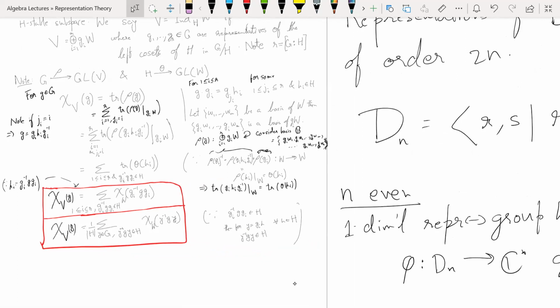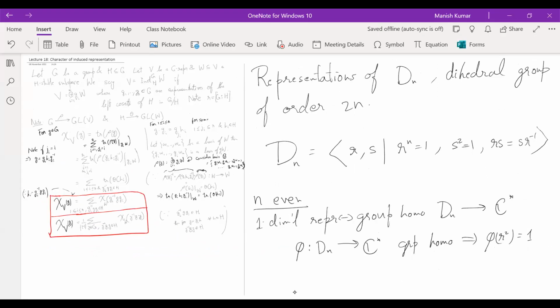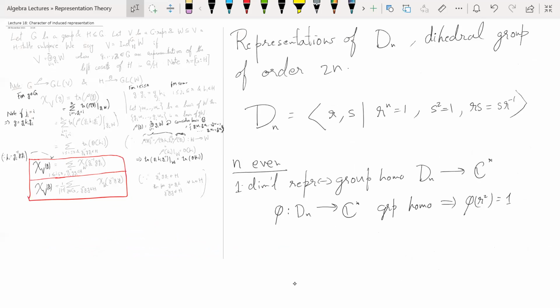That's the plan for the rest of the semester. So let's do one example today. There are 10 minutes, so hopefully we can discuss the dihedral group, and then we'll do more examples on Friday.